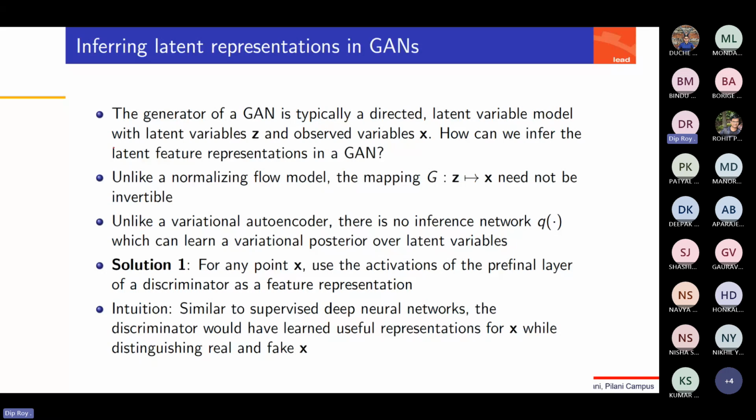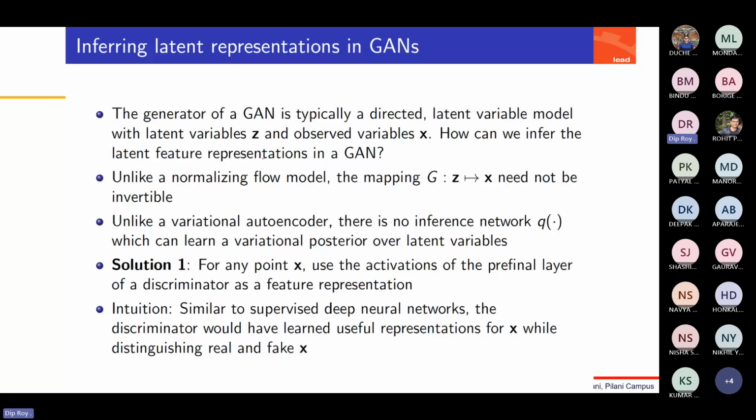The generator of a GAN is typically a directed latent variable model with latent variable Z and observed variable X. The generator takes Z from a normal distribution and generates the observed variables X. How do you infer the latent feature distribution in GAN?